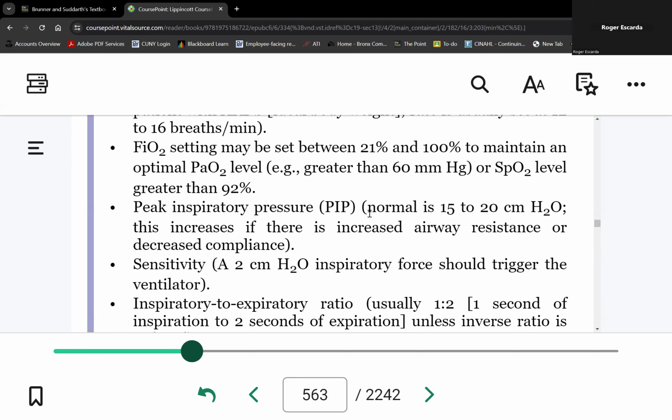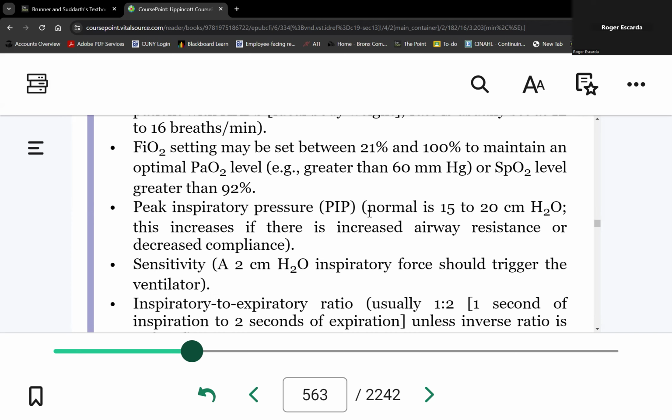Higher pressure. So what will happen to the PIP? It will increase. Whereas on the other hand, if the lungs are very compliant, very pliable, very dry, how much pressure does the vent need in order to deliver air? Lower pressure.